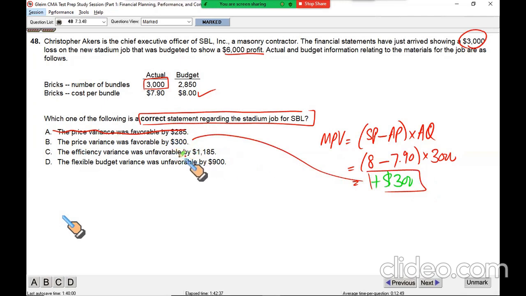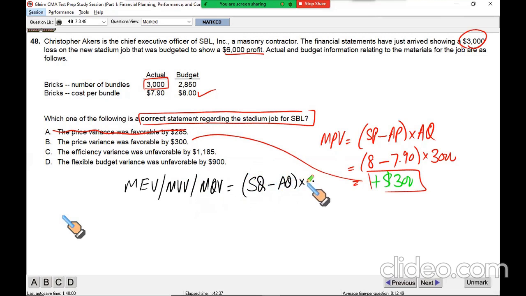Let us calculate the efficiency variance also, just for the sake of practice. Material efficiency variance, material usage variance, material quantity variance. It is the standard quantity we should use minus the actual quantity we use, multiplied by the standard price. Remember, you need to know the formula as well. The standard quantity we should have used as per our original budget was 2,850.